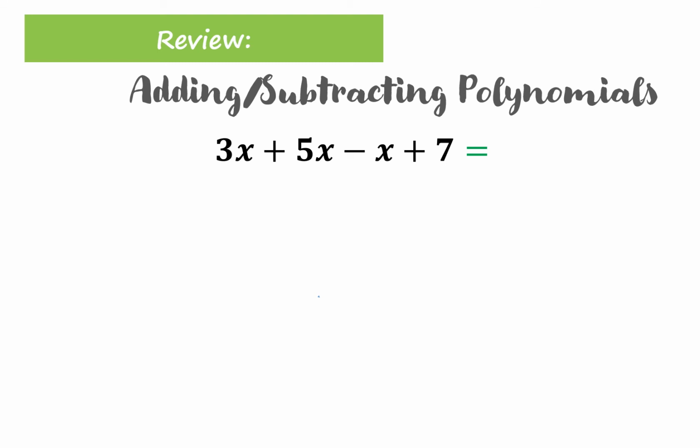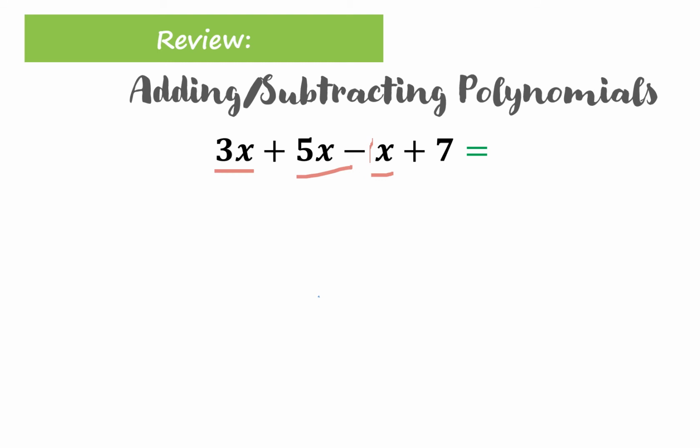When we say variable, letter. So same variable, same letter, and same exponent. Here the like terms are 3x, 5x, and x. Itong x na to, meron siyang invisible 1. So we can combine these like terms.